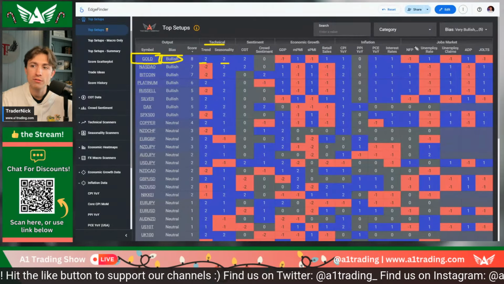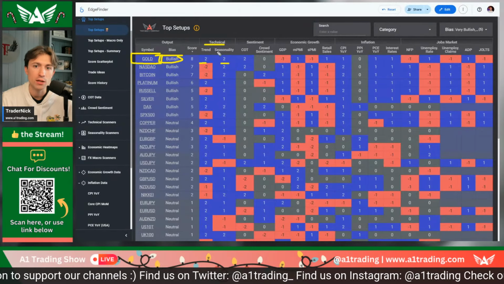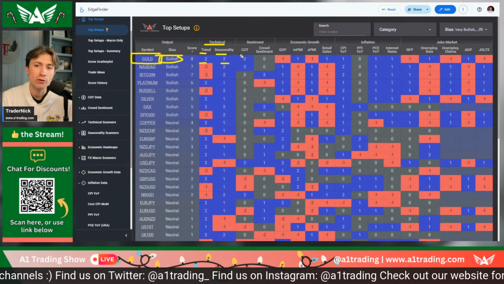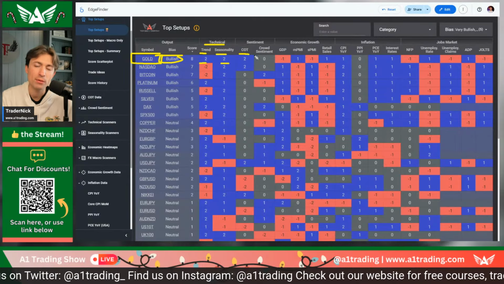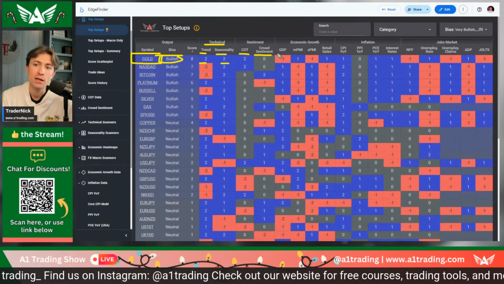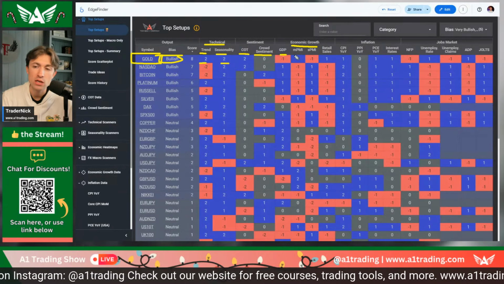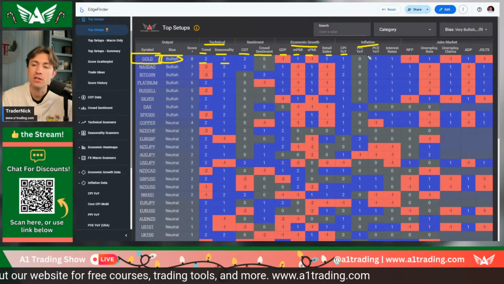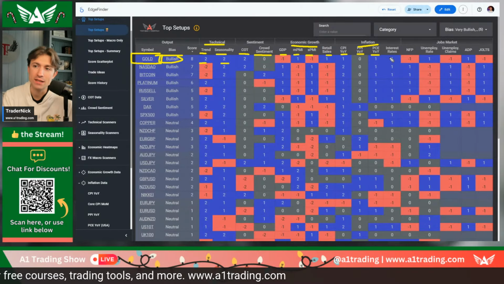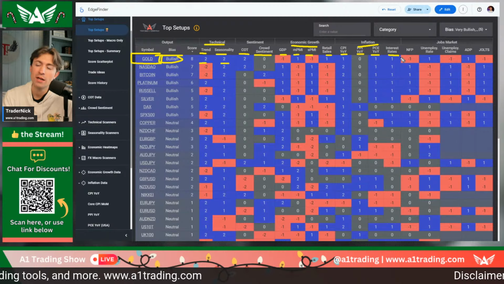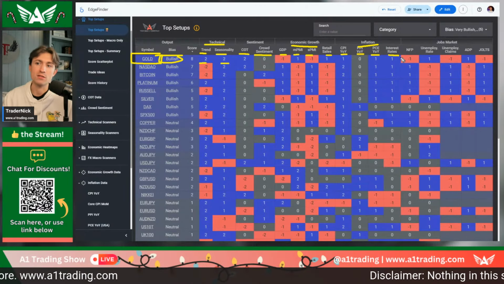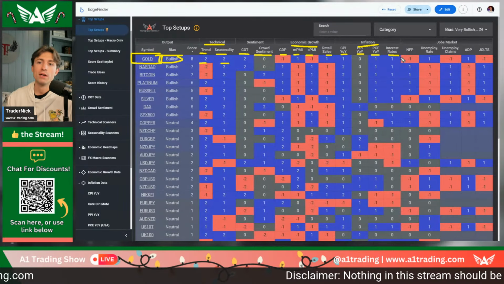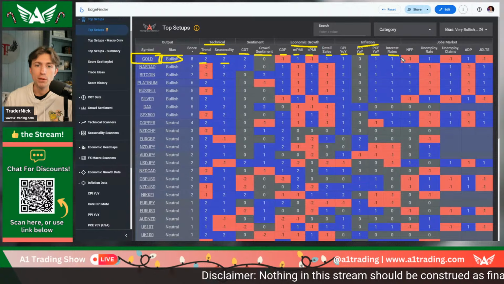You can see all the different categories as well as the individual columns: trend, seasonality, institutional activity through the Commitment of Traders report, crowd sentiment, economic growth statistics like GDP, PMIs, retail sales, and inflation statistics like the consumer price index, the producer price index, and PCE, personal consumption expenditure. It's tracking the jobs market, the consumer, inflation, economic growth, sentiment, and technical data to build a bias.